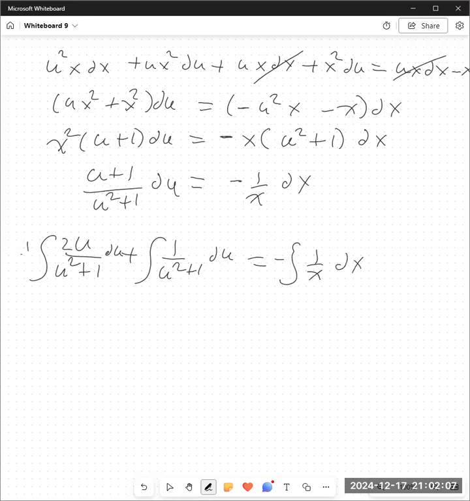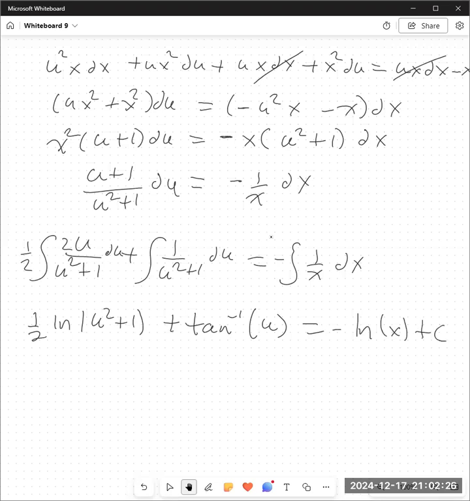So this is 2 and 1/2 makes 1/2 ln of the absolute value of u squared plus 1 plus arctangent of u equals negative ln of x plus c.